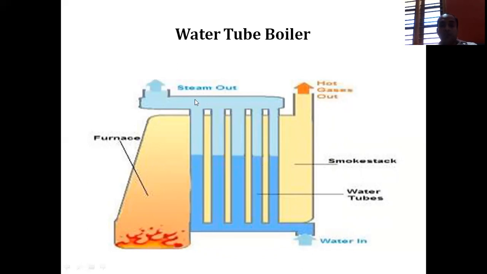Therefore, if the steam flows naturally without any help, we call it the natural circulation method. If we take the help of a device, like putting a pump at this point and pushing the steam at a faster rate, we call it forced circulation.